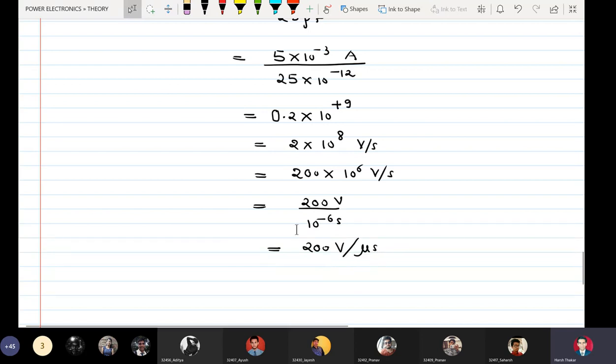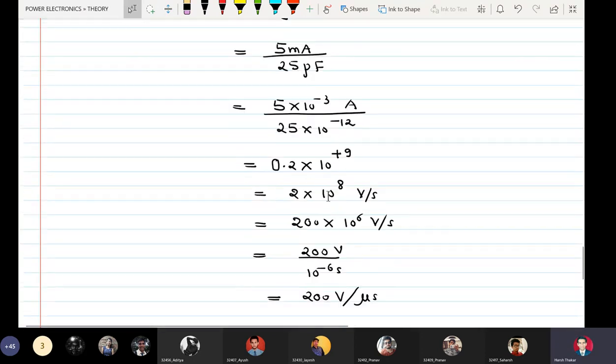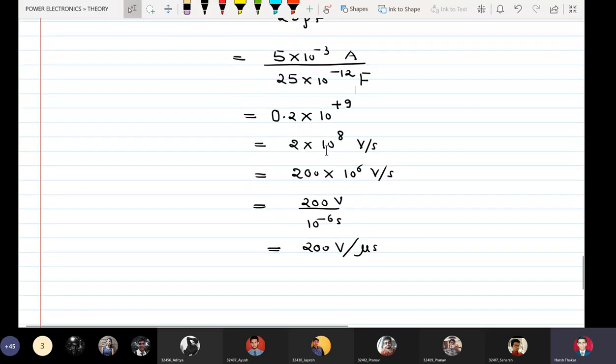Okay, so some adjustment of units. So 5 milliampere upon 25 picofarad is 5 into 10 power minus 3 ampere upon 25 into 10 raised to minus 12 farad. So 5 upon 25 is 0.2. These powers become 10 raised to plus 9. So 0.2 into 10 raised to plus 9 is 2 into 10 power 8 is equal to 200 into 10 power 6. So this 10 power 6 I have taken down and it becomes 10 power minus 6.